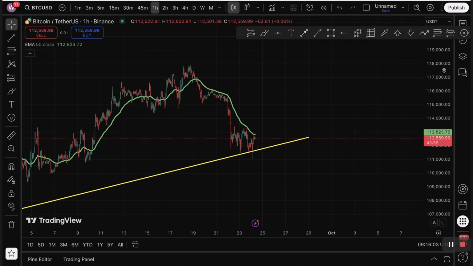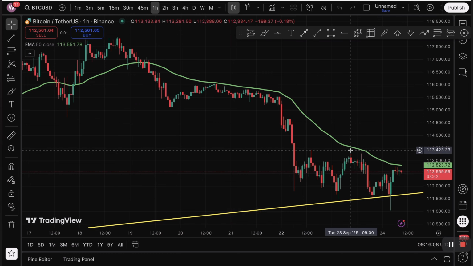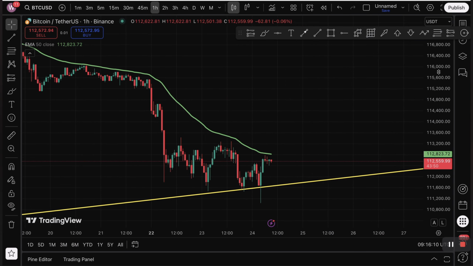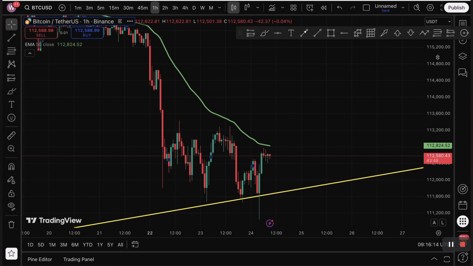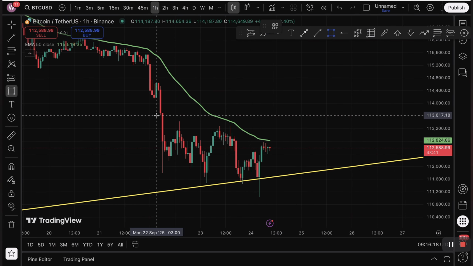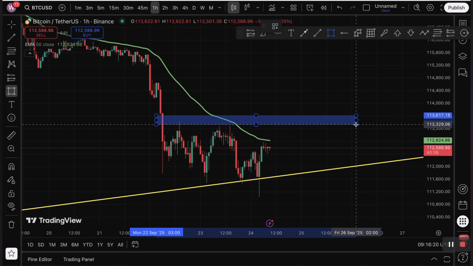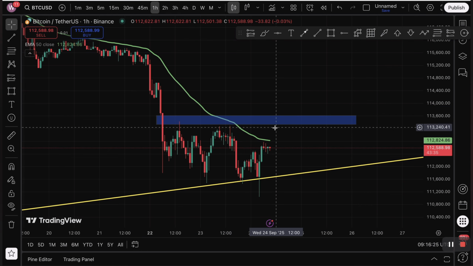So if I want to even short, I can allow some pullback to this level. All right, let me just show you this particular level for me to pick. We have some key levels around. These are some key levels on the 1 hour time frame. So if I want to take a short, I can take a short trade here.